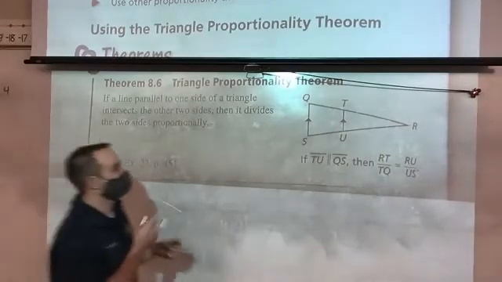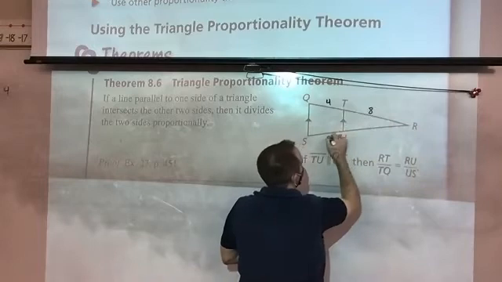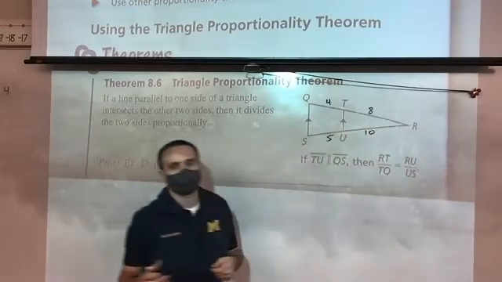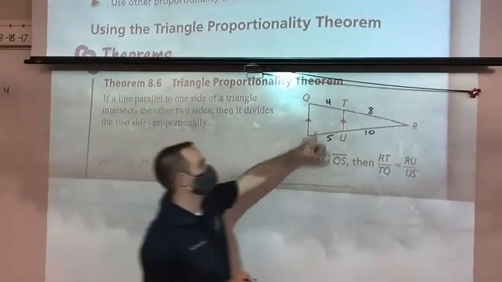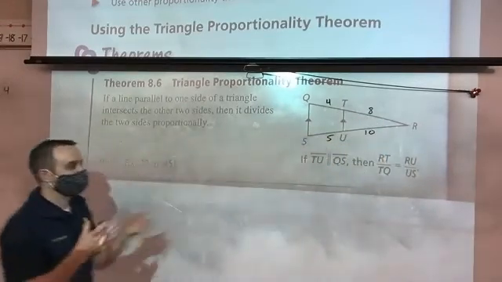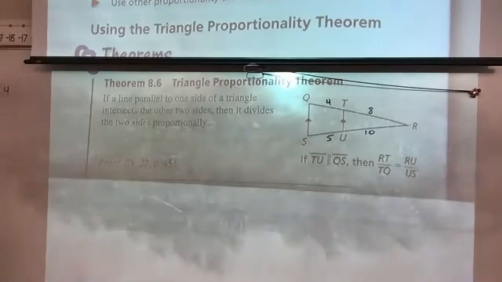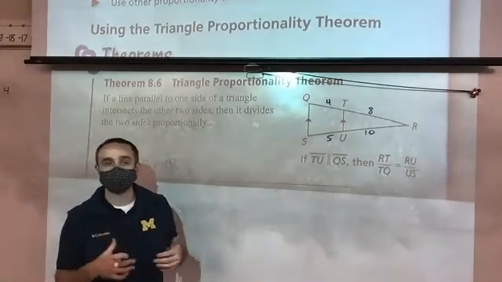So this would be like if we had, this is 4 and 8, and this is 5 and 10. Wherever that parallel line is drawn in, it will cut it up proportionally. So this would be 4 over 8 is equal to 5 over 10. And we know those both simplify down to the same thing. We know they're proportional. That's what it's telling us. As you can probably see, there are other ways of thinking of that proportion.